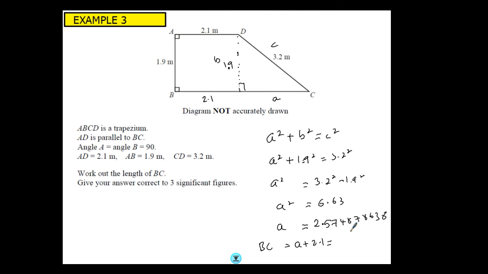If I add on 2.1 to that, then I get 4.674878638. We're doing three significant figures, so we're rounding this to 2 decimal places effectively, which is 4.67 centimeters.